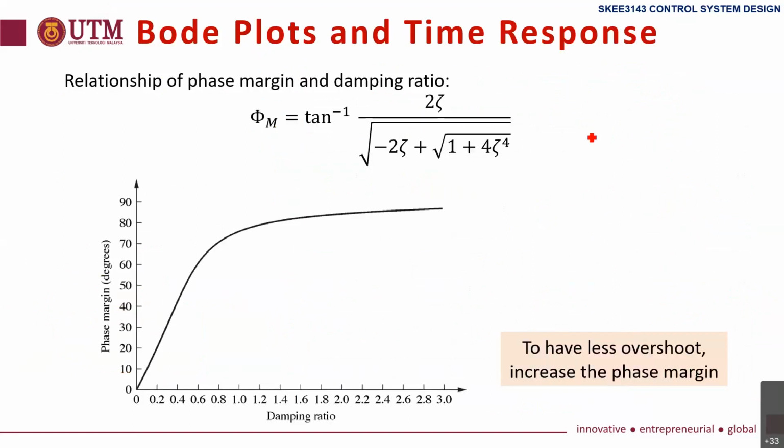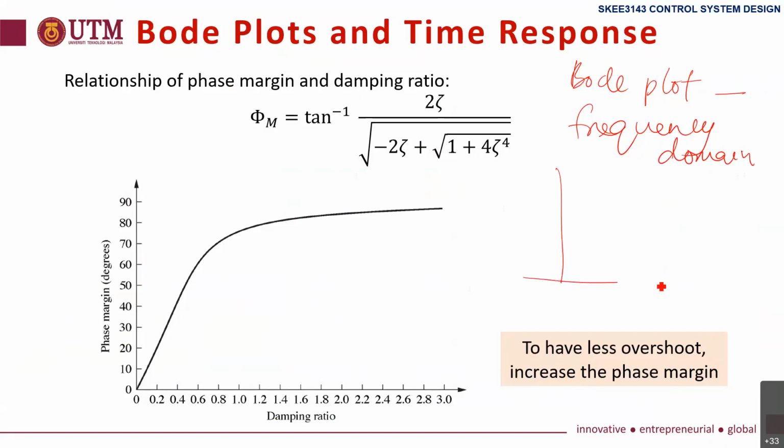So far, we discussed Bode plot, which is in the frequency domain. And our system that we want to control, let's say robot, motor, process control, is all in time. If we plot the system in time, then we can understand there is an overshoot, settling time, error.